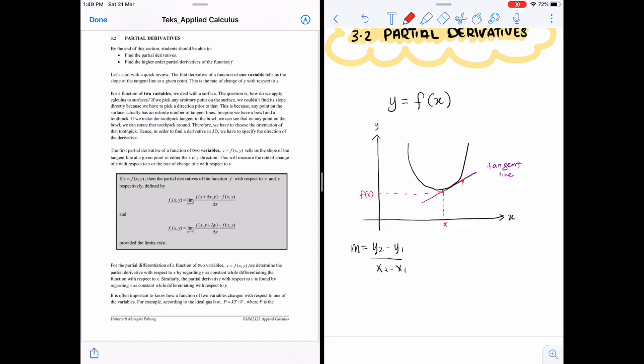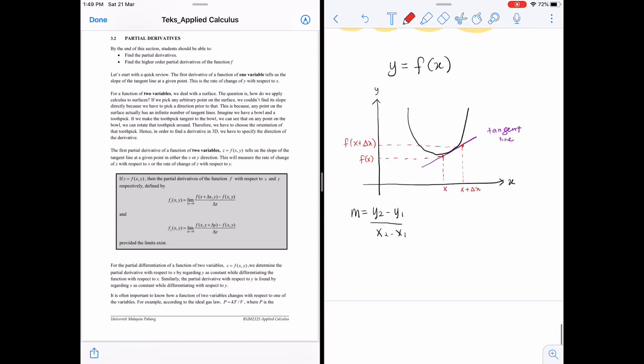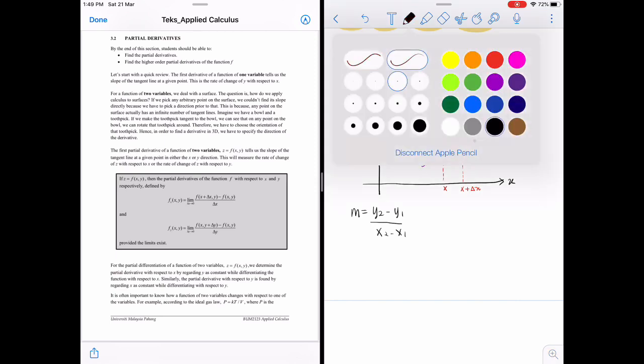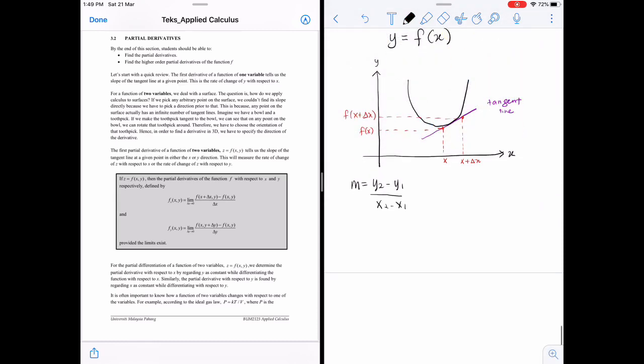and the second point is x plus delta x and f(x plus delta x). So to find the gradient of this tangent line, we use this formula. We will have f(x plus delta x) minus f(x) divided by x plus delta x minus x.